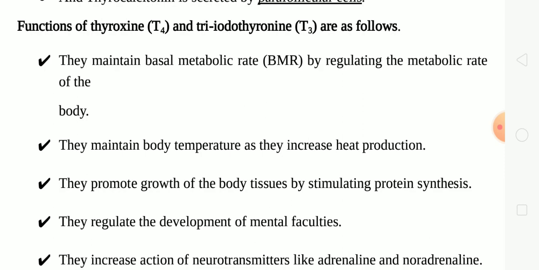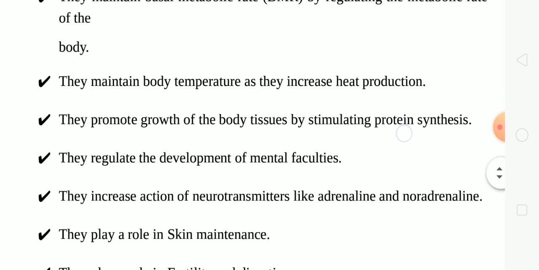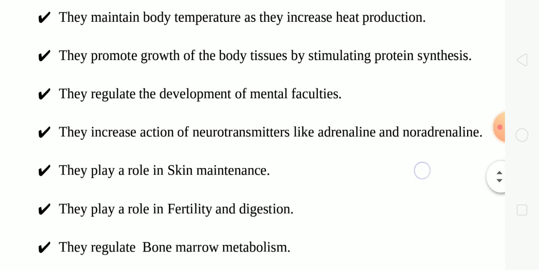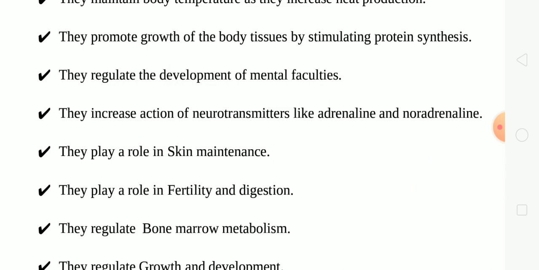Next, they maintain body temperature as they increase heat production in our body. They promote growth of the body tissues by stimulating protein synthesis. They regulate the development of mental faculties. They increase the action of neurotransmitters like adrenaline and noradrenaline.